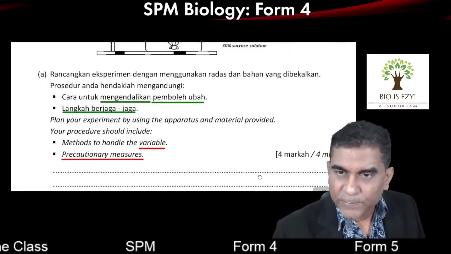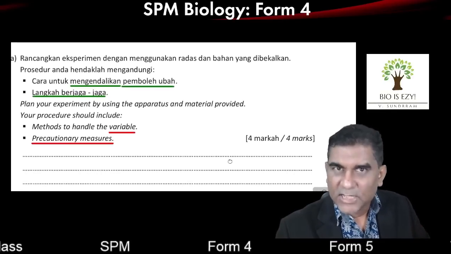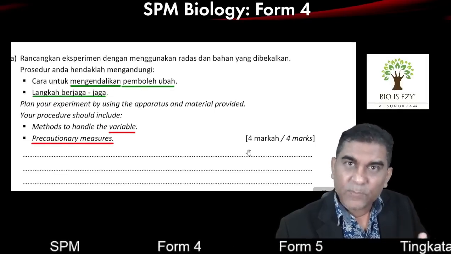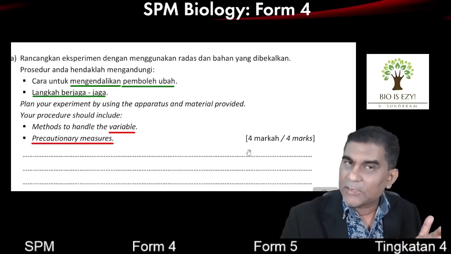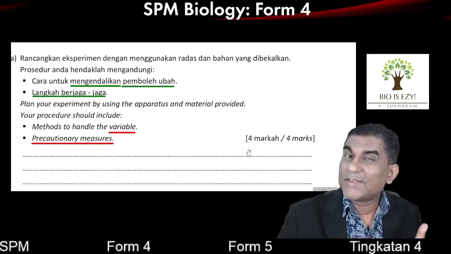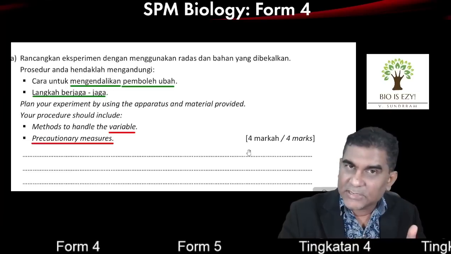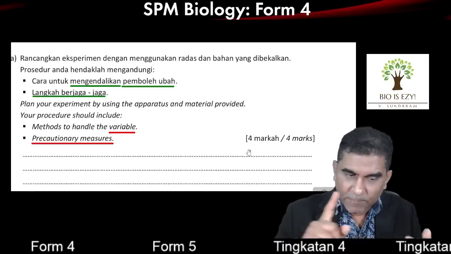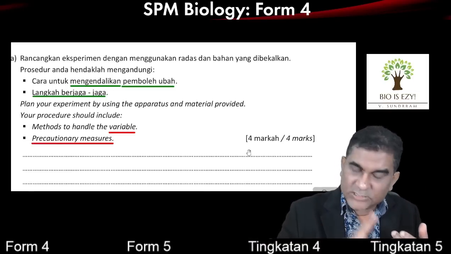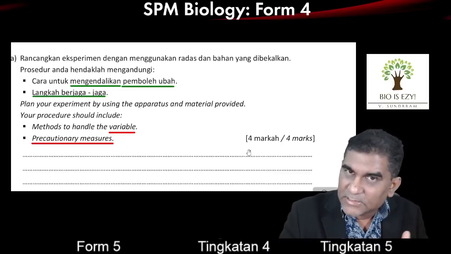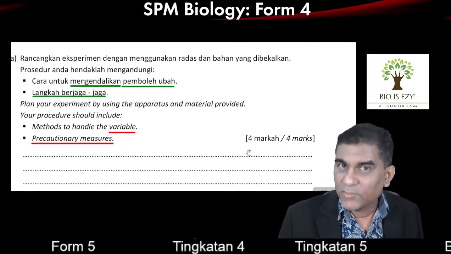So dia berikan 4 markah, maksudnya 4 markah itu adalah 1 markah untuk setiap pemboleh ubah. Pemboleh ubah dimanipulasi, pemboleh ubah bergerak balas, pemboleh ubah dimalarkan. Langkah berjaga-jaga. 4 markah. Manipulated variable, responding variable, constant variable, precautionary measure. You give 4 sentences, then we'll give you 4 marks.